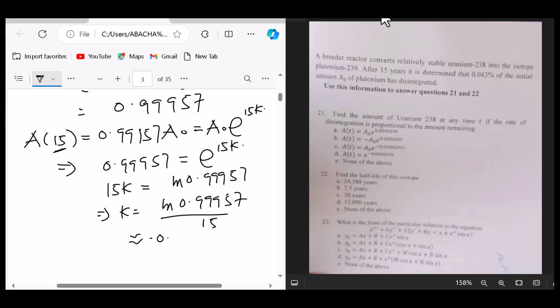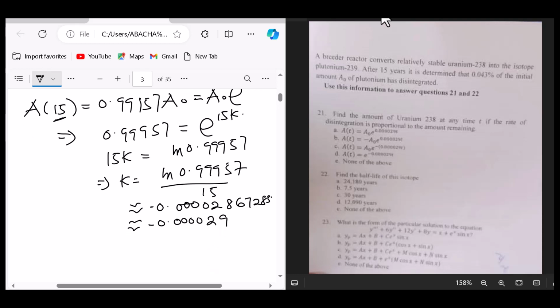That gives approximately negative 0.0000286728311, but it has been approximated to negative 0.000029, based on the answers we have in the question.